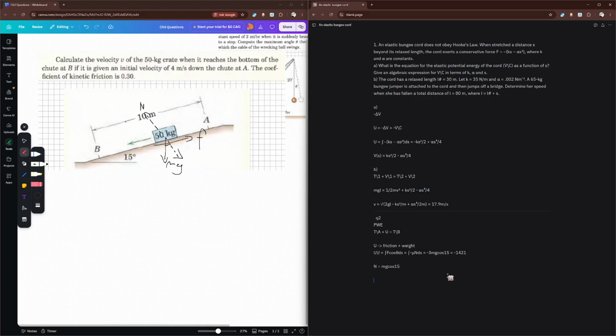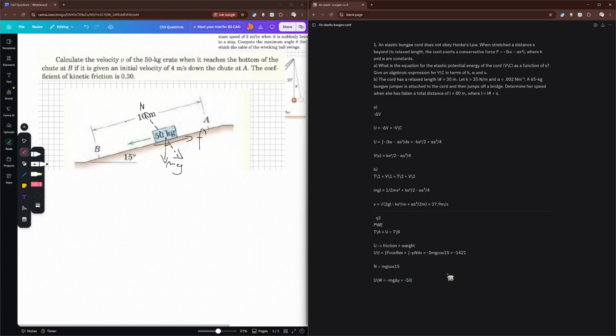Okay, so now we need the work due to gravity, so UW, which is just equal to, again, you would do the integral, but we can skip that because we know what this is, which is mg delta y.